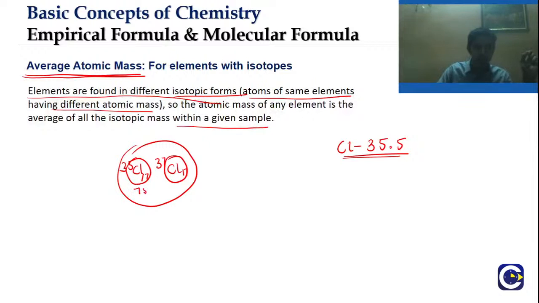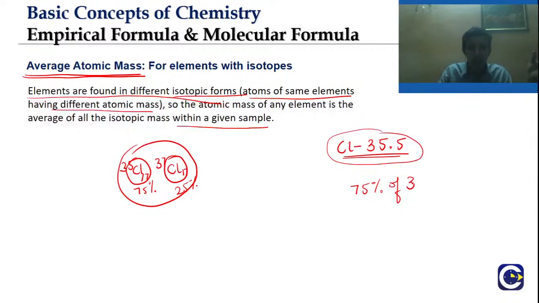Let's say 75% of the whole chlorine present in this universe is 35Cl17, and 25% is 37Cl17. Then the average of this is what we fix as the atomic mass of chlorine. So what will be the average? 75% of 35 plus 25% of 37, isn't it?